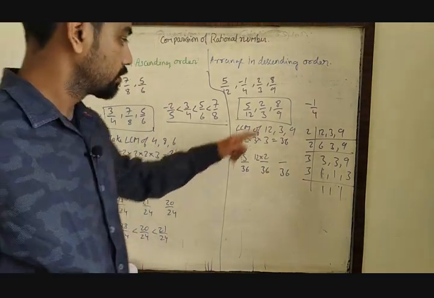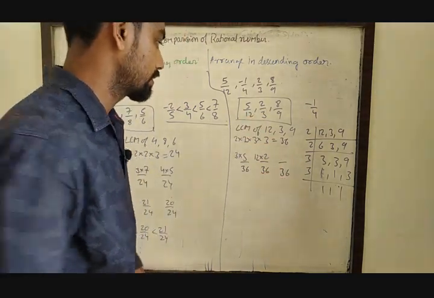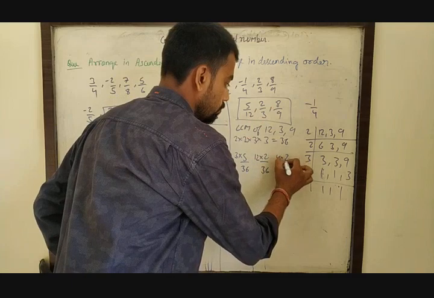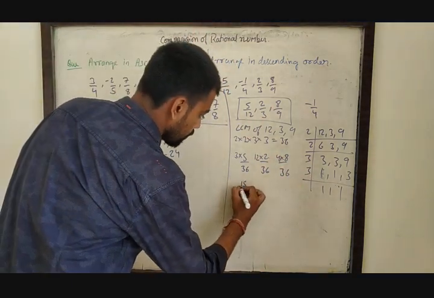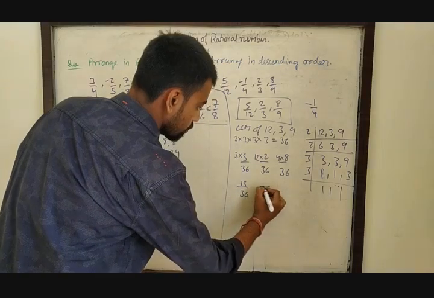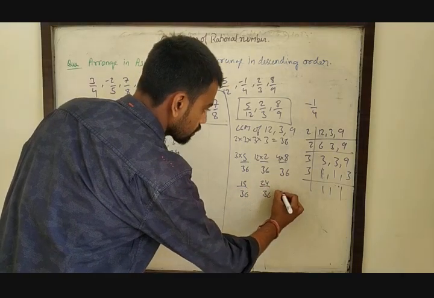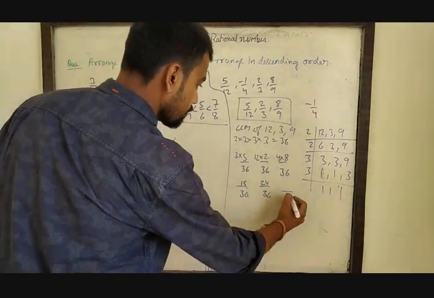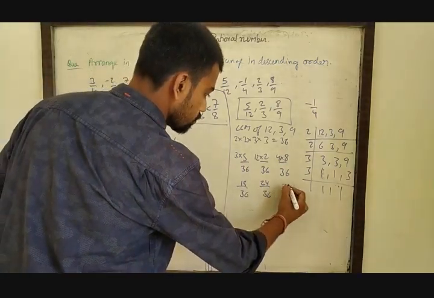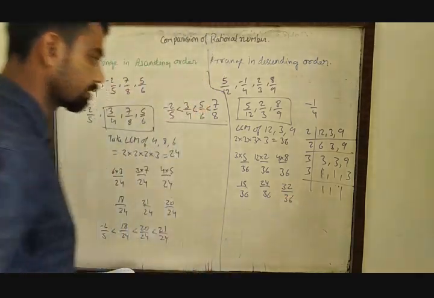And 9 fours are 36, so 4 into 8. It will be 15 by 36, this will be 24 by 36, and 4 eights are 32, so 32 by 36.